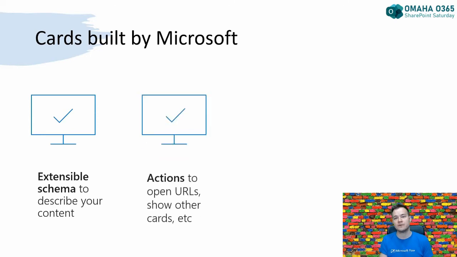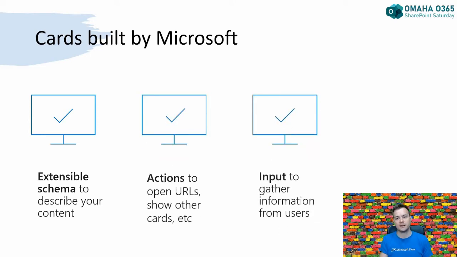Plus, the adaptive card is not only meant to be used for displaying content, but it's also meant to be used by the users to provide feedback and to interact with this content. So to click the hyperlinks, click the buttons, fill in the forms, and then send back to the host. So this also allows you to have communication both ways with your users.